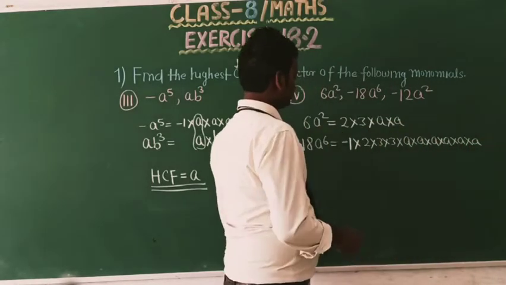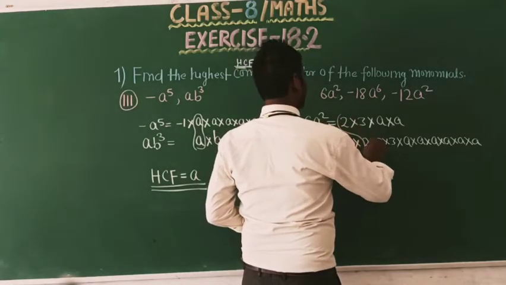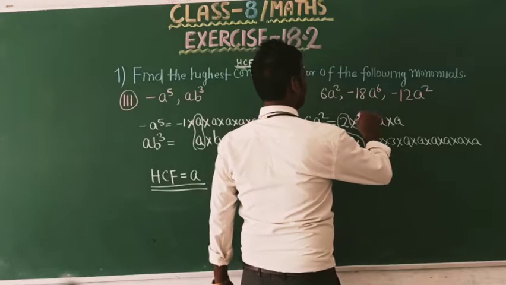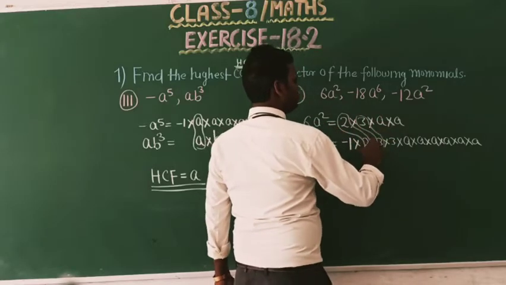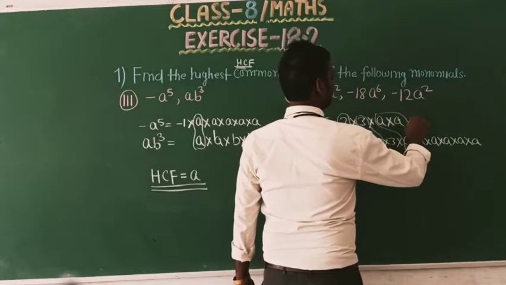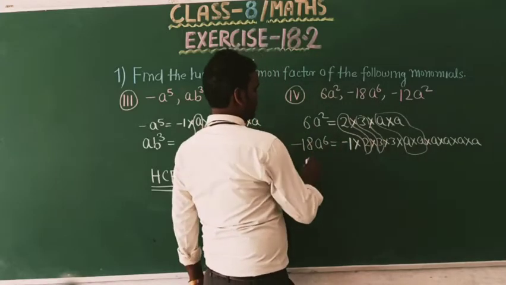So here we have common factors 3, 2 and a, that is 2a. Therefore the highest common factor.